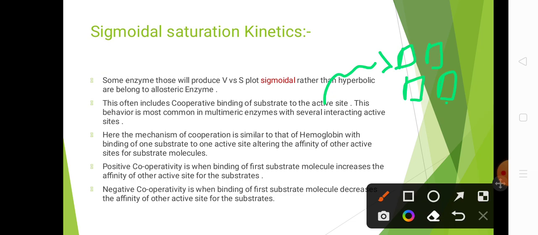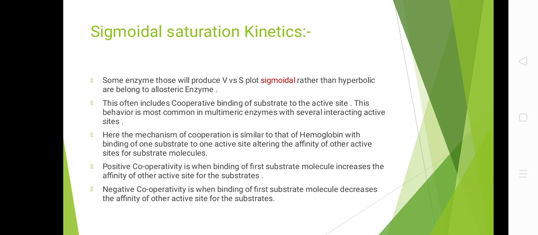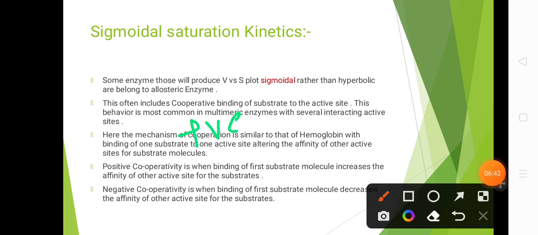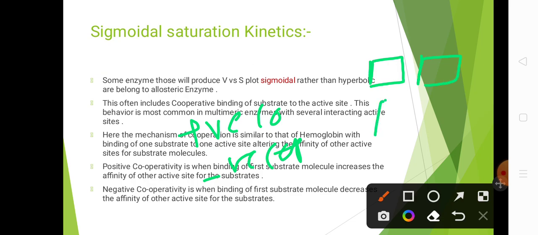Okay, so here mainly two types of things can happen. One is positive cooperativity, another one is negative cooperativity. As I have told you, most of the allosteric enzymes are multimeric in nature. So what will happen here is that, along with the active site, there will be another binding site in that particular enzyme.